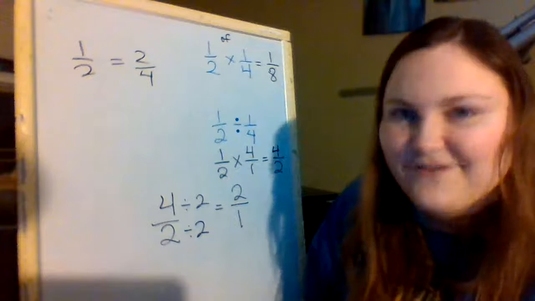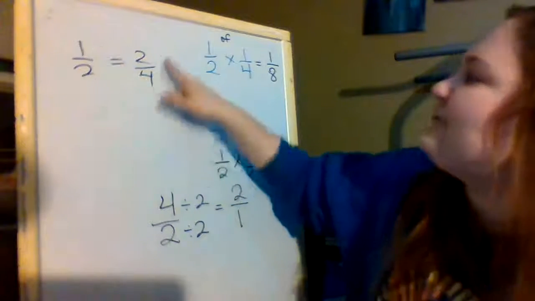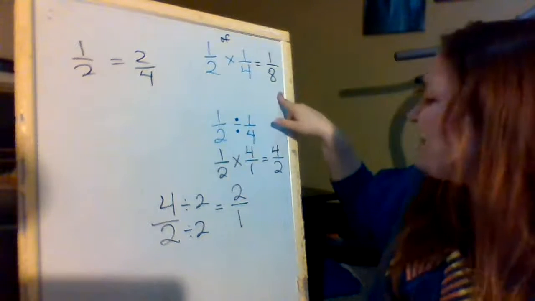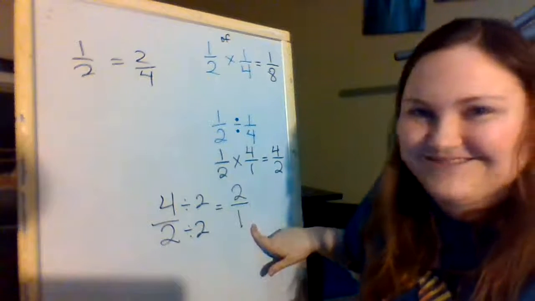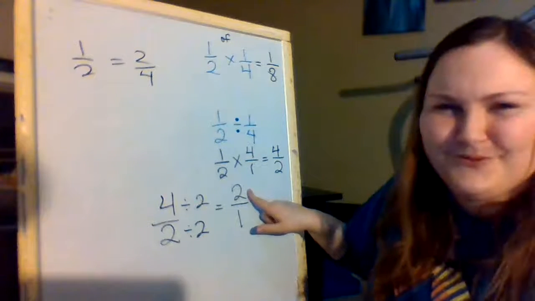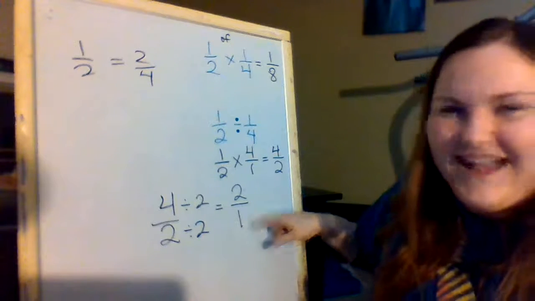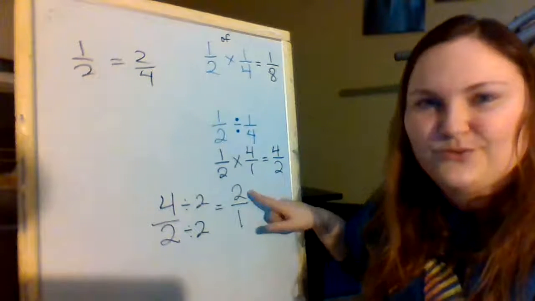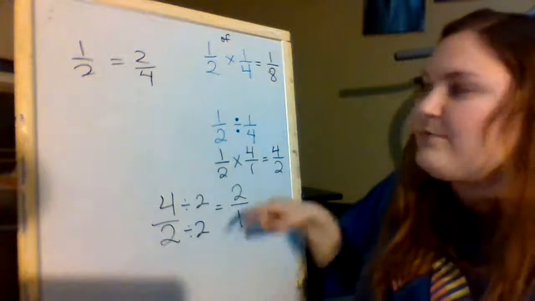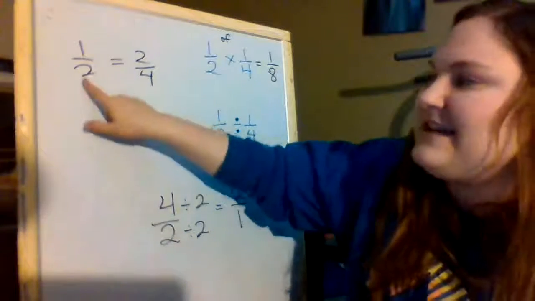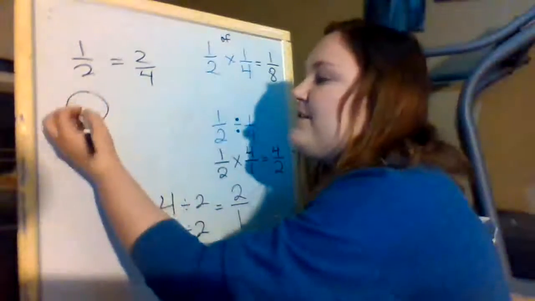Now I've been saying a lot of fractions out loud. This is 1/2, 2/4, 1/8. What is this fraction? 2 1s, 2 firsts. I would probably say this is 2 wholes. Remember when we were talking about fractions, we said that the denominator tells you how many parts there are.